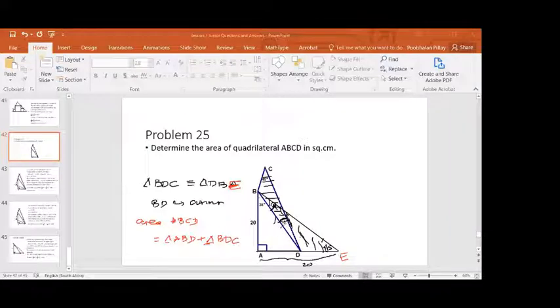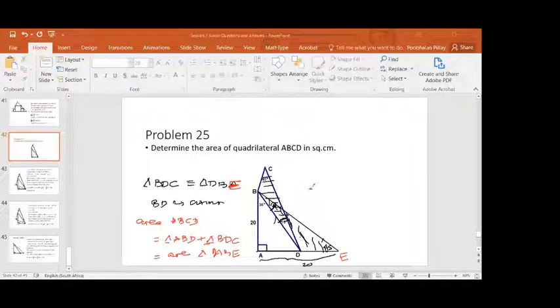Now, when you look at the white plus this other triangle, you'll see that this is exactly the same as the area of the triangle ABE, because this white triangle plus the other white triangle gives you a triangle now. It's a triangle ABE. But ABE is an isosceles right triangle whose sides are 20 and 20, right?